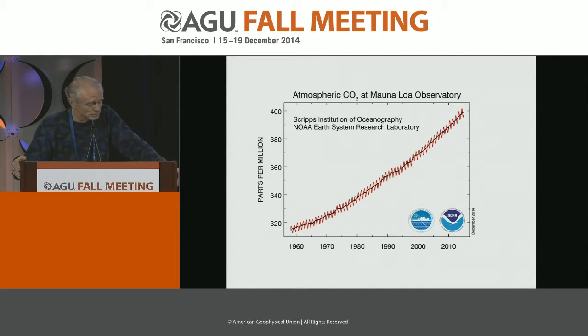This is actually fairly representative of the average of the Northern Hemisphere. And a 7 ppm seasonal cycle in the Northern Hemisphere corresponds to net ecosystem seasonal uptake of about 7 billion tons of carbon.